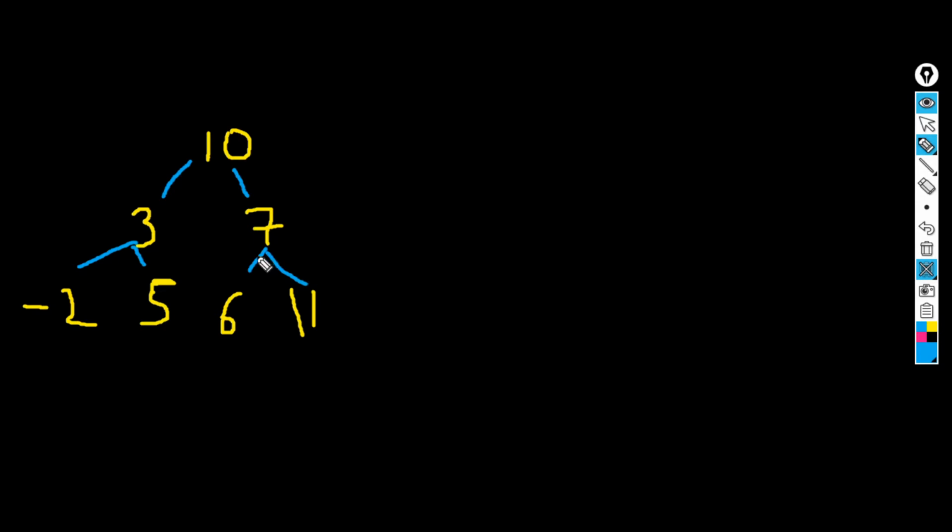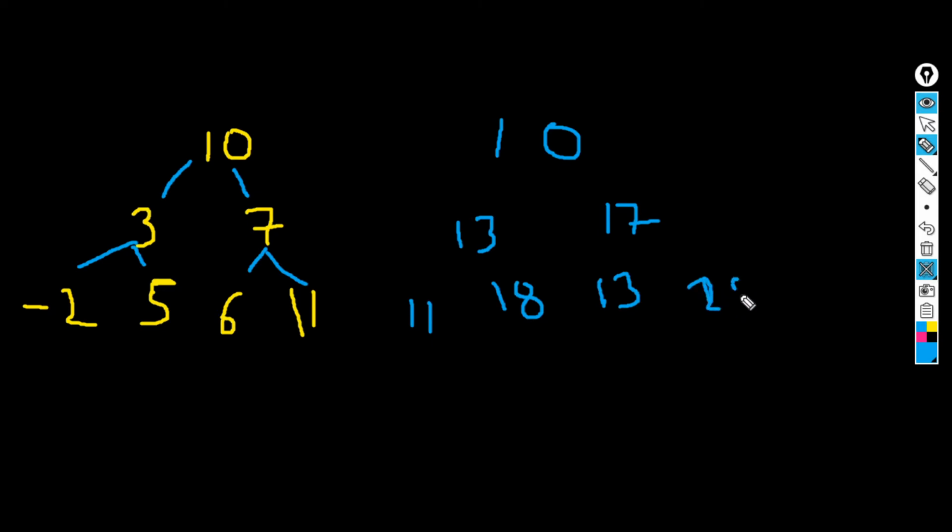First of all we have to calculate the sum tree, or cumulative tree, whatever you call it, and the values of the tree will look something like this: 10, 13, 17, 13 minus 2, 11, 13 plus 5, 18, 17 plus 6, it will be 13, and 17 plus 11 will be 28.